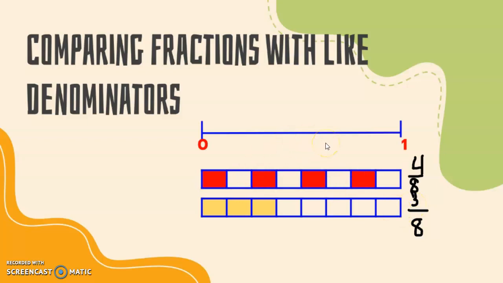So now we're going to partition our number line into 8 parts. And the first thing we always want to do is make sure we find our midpoint, because our midpoint helps us to plot the other markers on our number line. So here's my halfway marker.